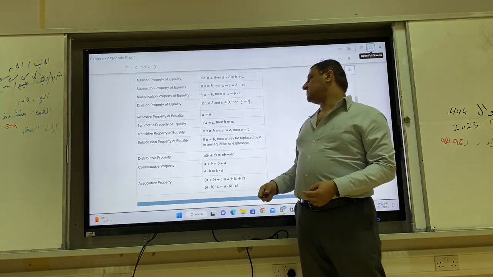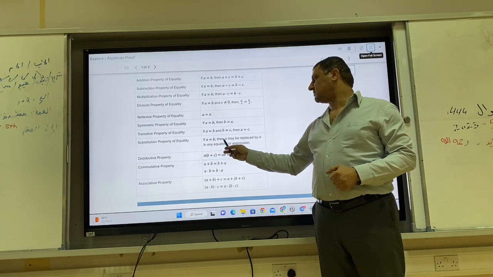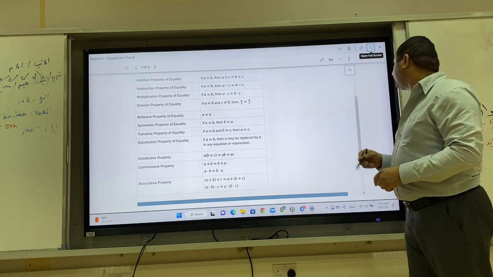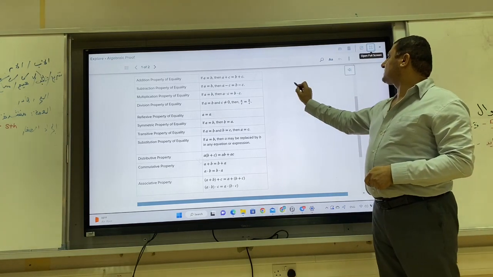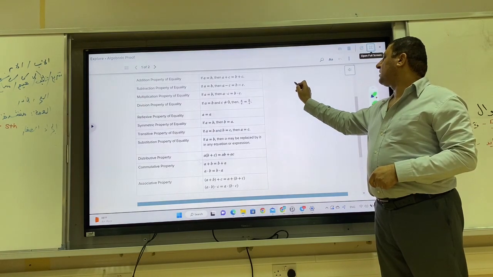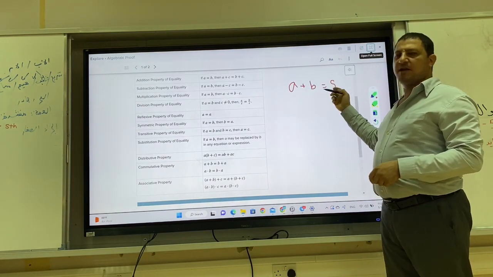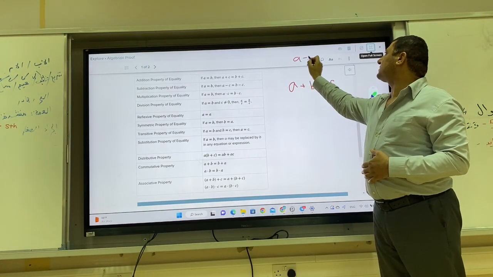For equations, we can substitute any two equal values. Like if A equals B, then A can be replaced by B in any equation. Let me give you an example here. Let's say that A plus B equals 5, an equation, and we are given that A equals 2.